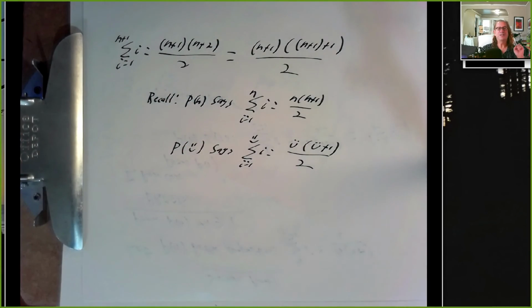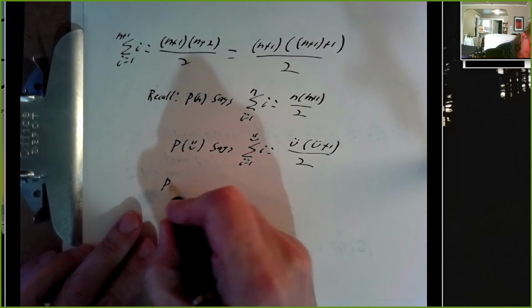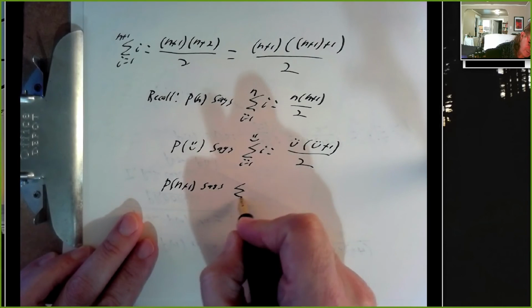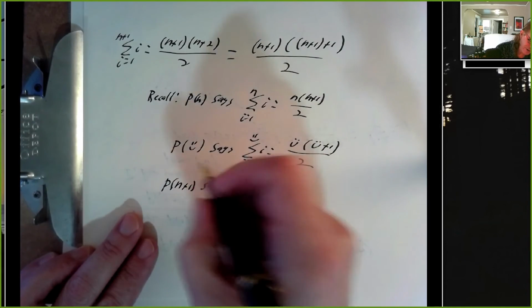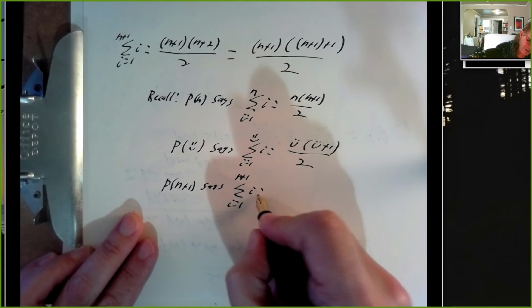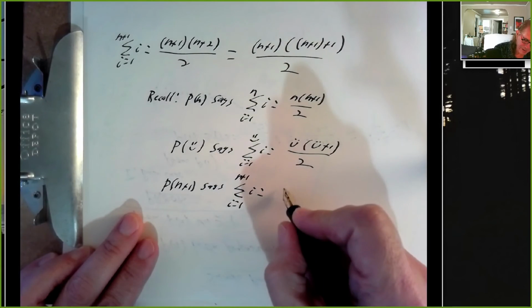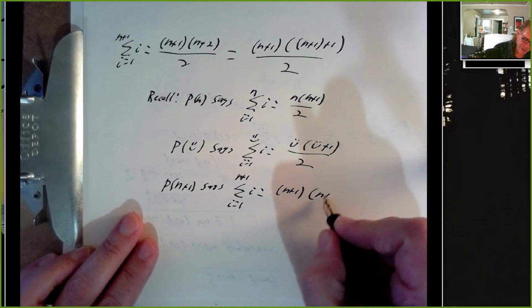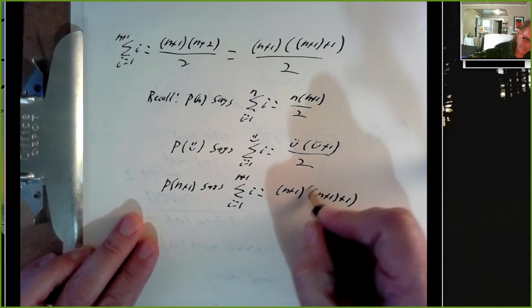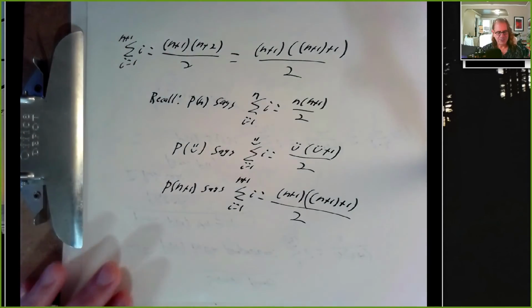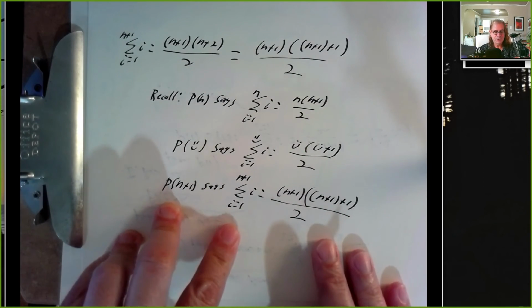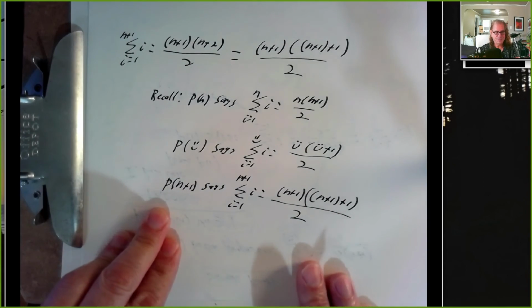So the statement of P of n plus 1 says the sum from i equals 1 to, instead of smiley face, n plus 1, of i is equal to, instead of smiley face, n plus 1, instead of smiley face plus 1, n plus 1 plus 1, divided by 2. That's what P of n plus 1 says. I'm not claiming this is true, I'm just stating the proposition.